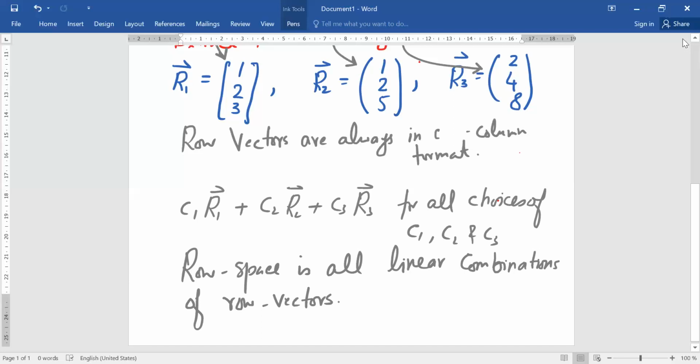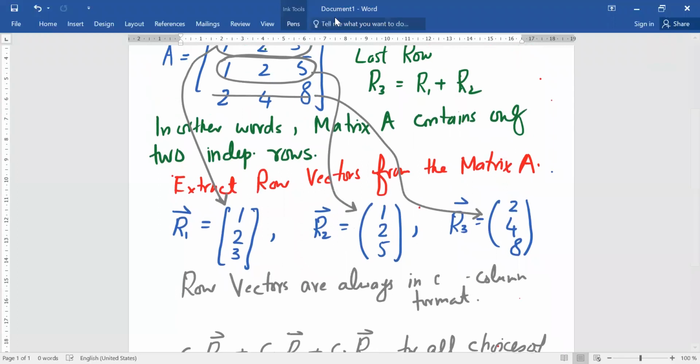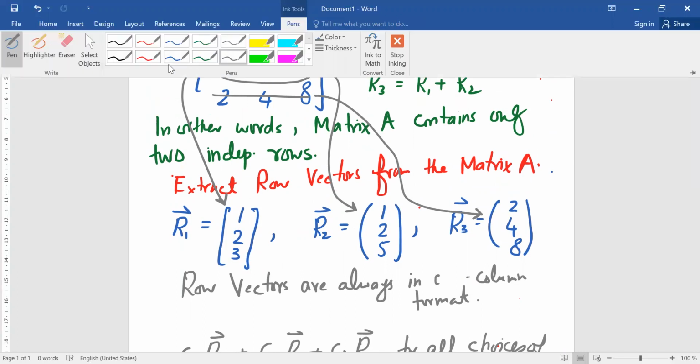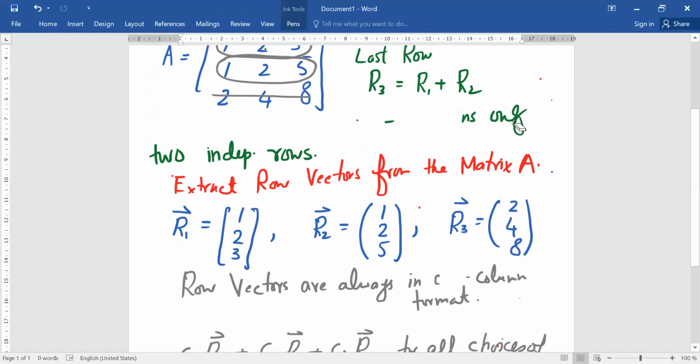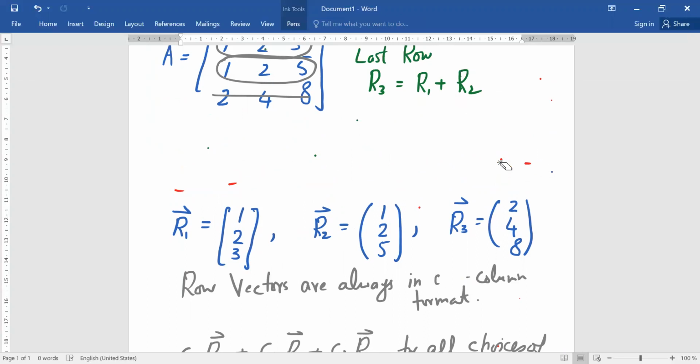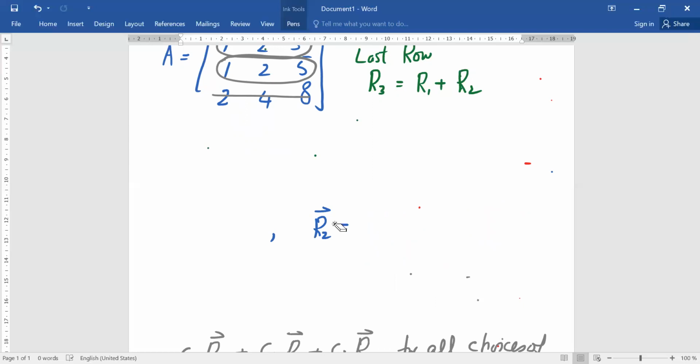And now let me define the column space for you. So let us say I want to do column space. But for column space, let me clean it a little bit. So I am now going to make the column space.